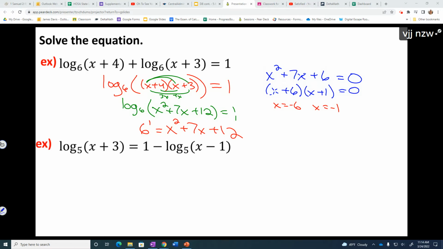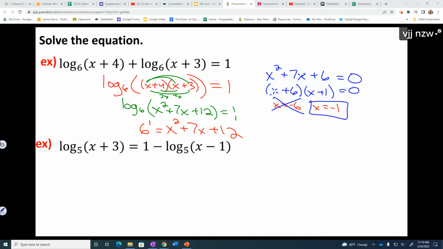Because if you plug it in, which is what we want to do, negative 1 plus 4 is a positive 3, and negative 1 plus 3 gives us a positive 2. So this one's okay. Even though it's a negative number, it'll work. That one doesn't because it will give you a negative inside the logs. So the way you check is just plug it back into the original and make sure you only get positives in your logs.